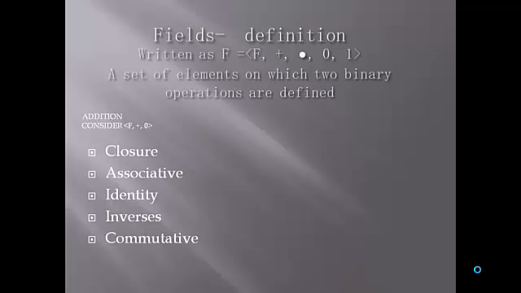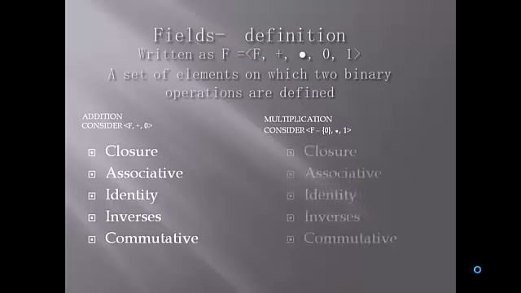So what about multiplication? Notice here that for multiplication we remove the zero element, the additive identity, because, well, it also needs to be a group under multiplication, and that zero element can sometimes give us some trouble.